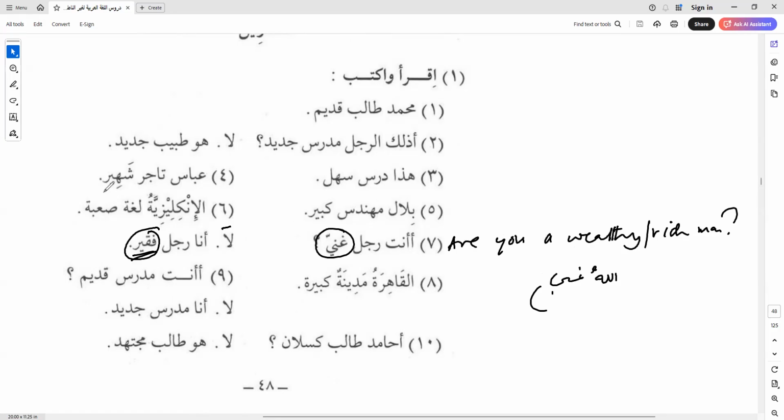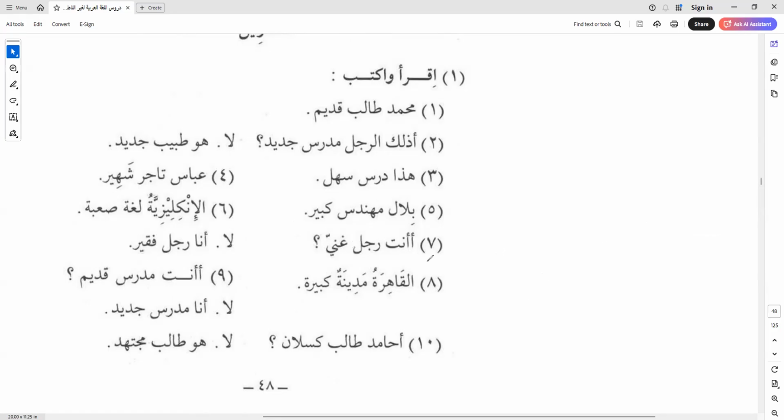So ana rajulun faqirun. Let's look at number 8, Al-Qahira, Cairo. Cairo is the capital city of Egypt, as we all know. Al-Qahiratu madinatun kabiratun. So you see that here there's matching completely. Qahiratu is an indication of feminine.